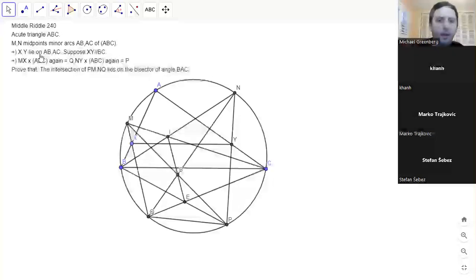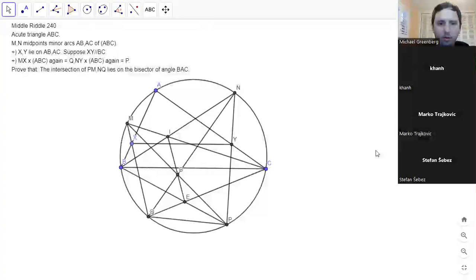Because IMAN is a kite, right? By the incenter-excenter lemma. So AI is perpendicular to MN. If we could show that this is perpendicular to MN, that would solve it. I kind of like that way of doing it.